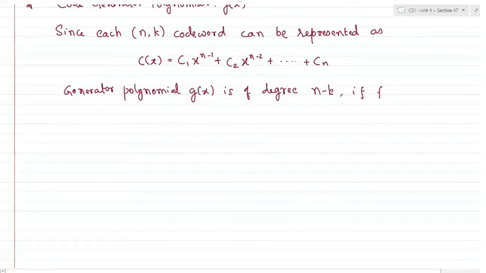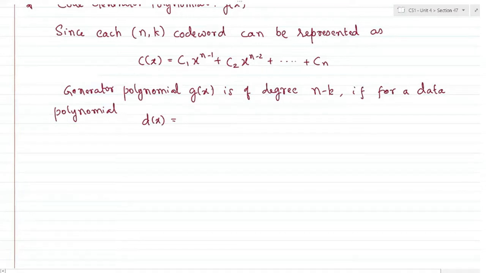Say a data polynomial, because finally we result in a code word by taking the product of the data polynomial and the generator polynomial. So for data polynomial d of x, let's represent the data polynomial also in a mathematical structure.